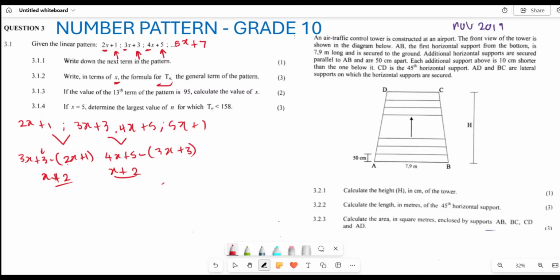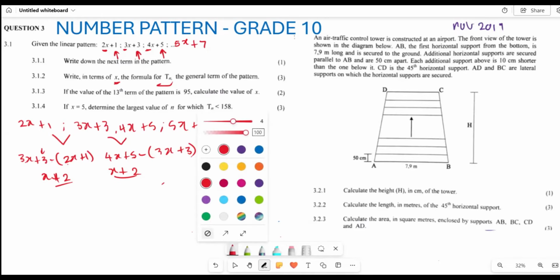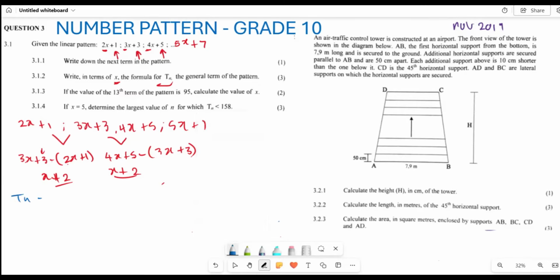Altogether, you can come back and use your Tn formula. Remember, Tn is given by a plus (n subtract 1) into d. Now, what is your a? Your a represents the first term, and the first term here is 2x plus 1.